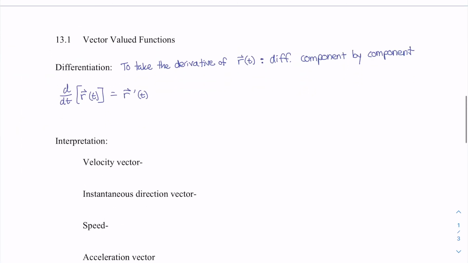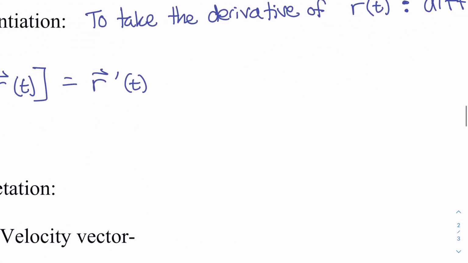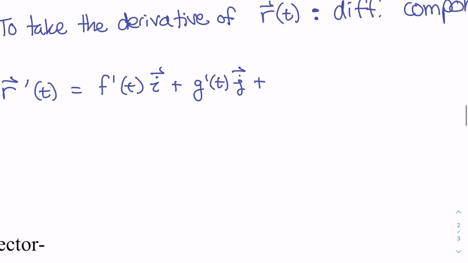So r prime of t is equal to f prime of t in the i direction plus g prime of t in the j direction plus h prime of t in the k direction.